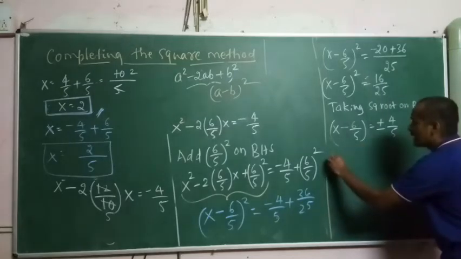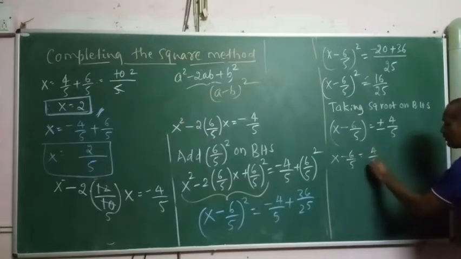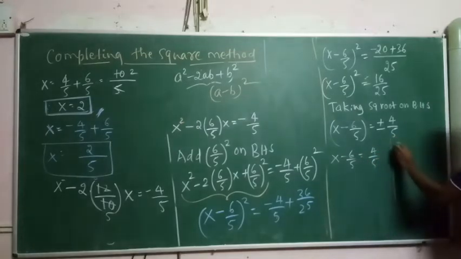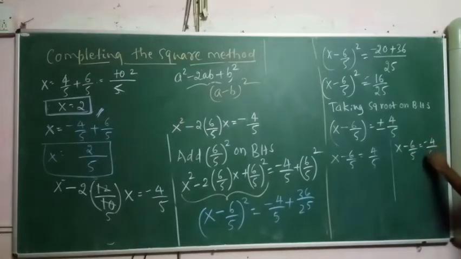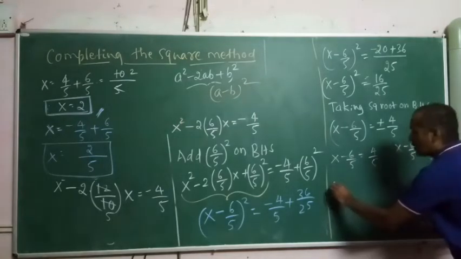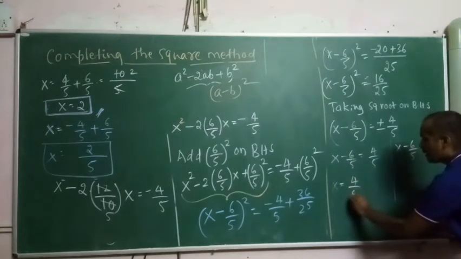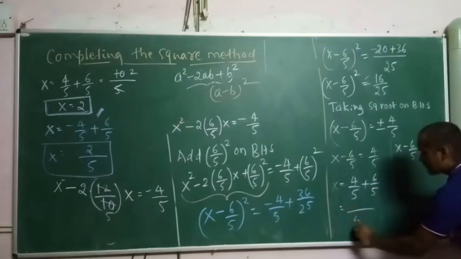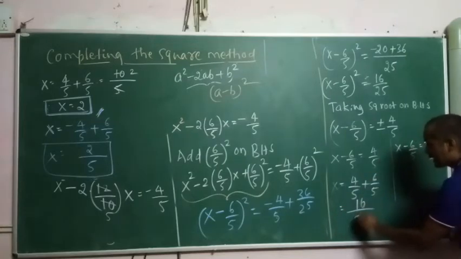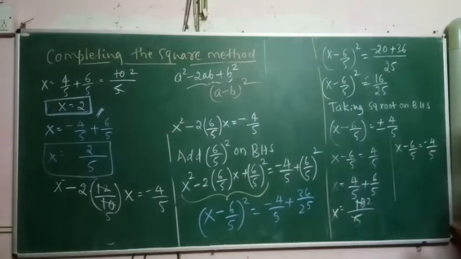Now we can separate them. x minus 6 by 5 is equal to plus 4 by 5, and x minus 6 by 5 is equal to minus 4 by 5. Okay, x is equal to, transfer this to the RHS. 4 by 5 plus 6 by 5, common LCM 5, 6 plus 4 is 10, 5 2s are 10, that is x is equal to 2.